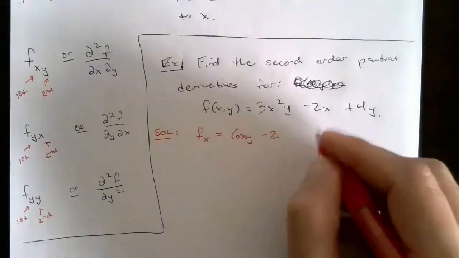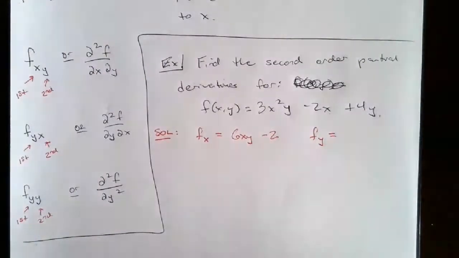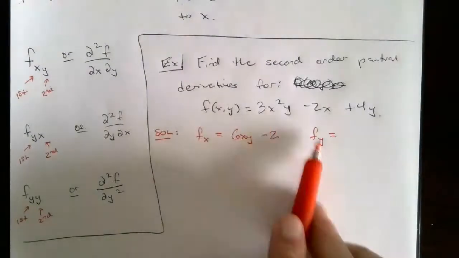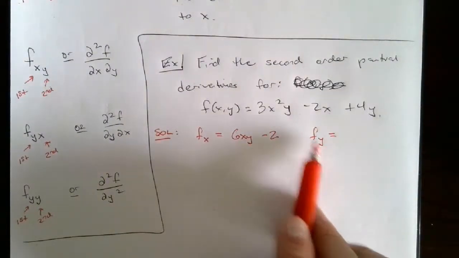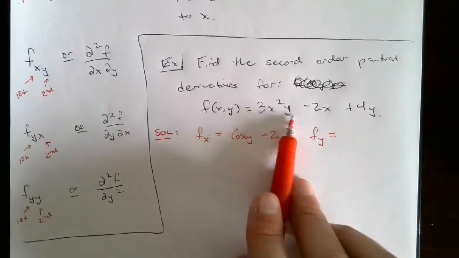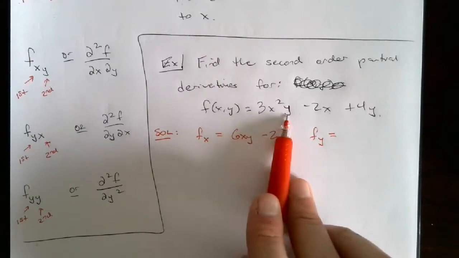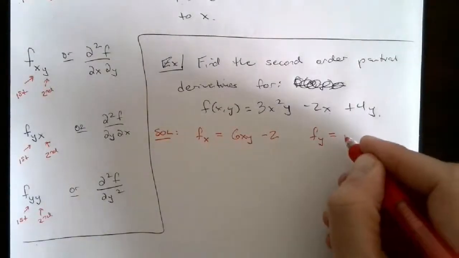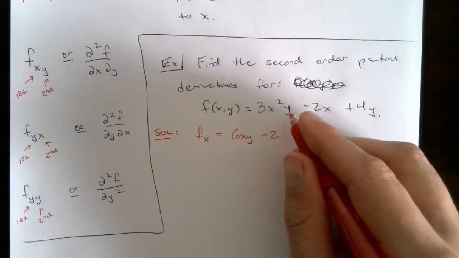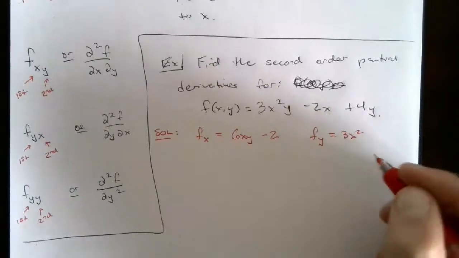We also need the first order partial derivative with respect to y. Here y's are treated as variables and the x's are treated as constants. So in 3x squared y, the 3x squared is all a constant and y is the function. So 3x squared stays in front as a constant times the derivative of y, which is 1, giving 3x squared.